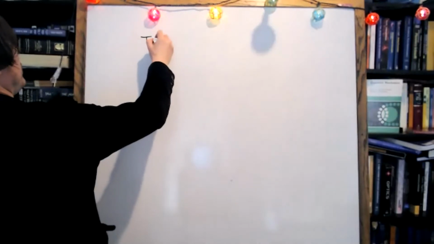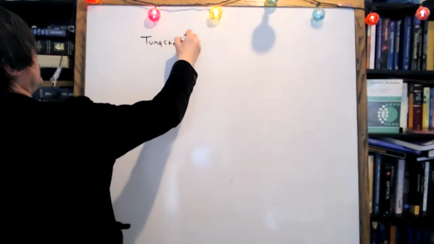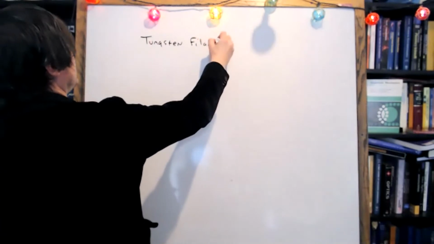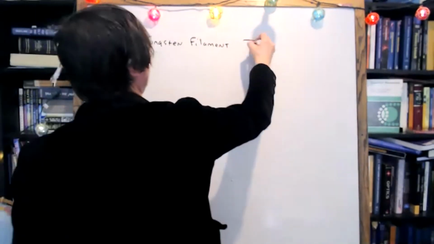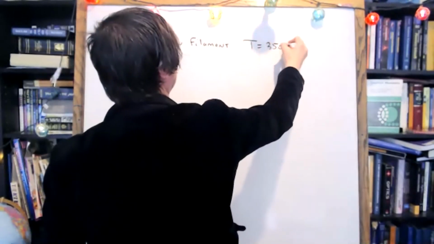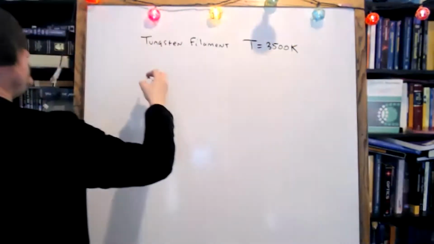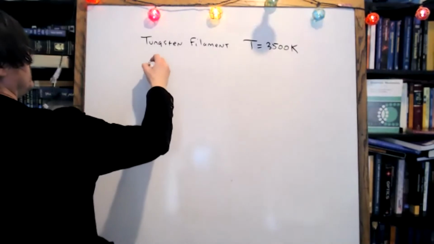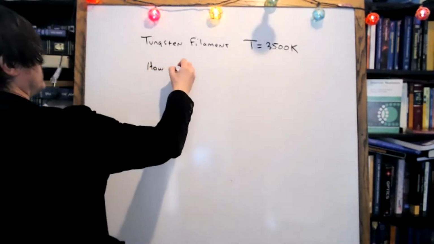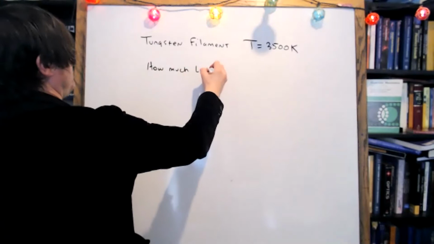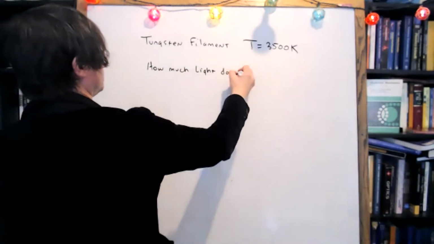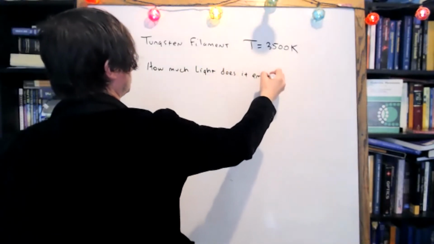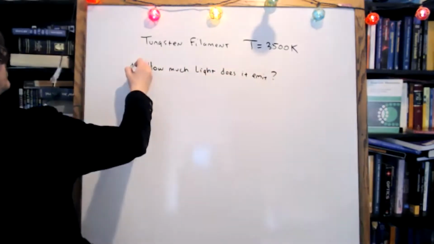So let's talk about a tungsten filament. It has a temperature of 3,500 Kelvin. I'd like to know the answer to two questions here. One, how much light does it emit?